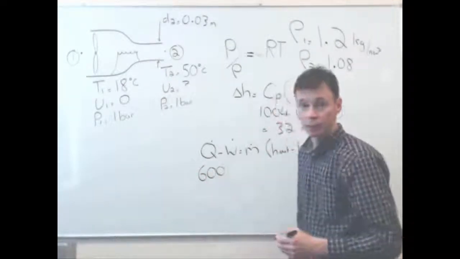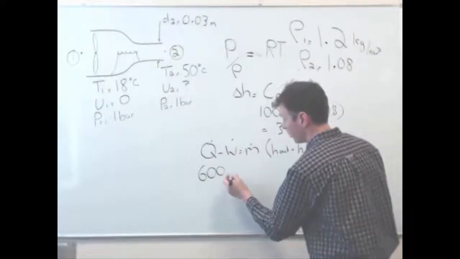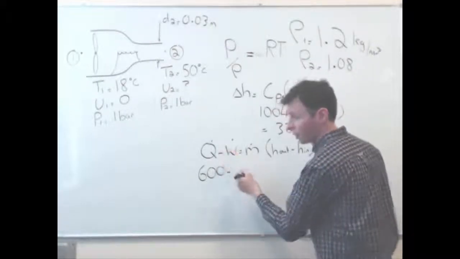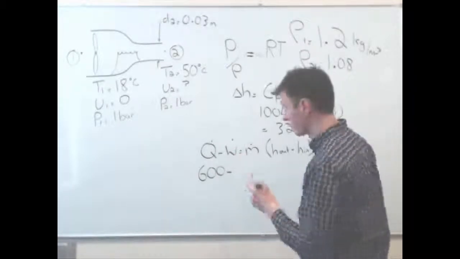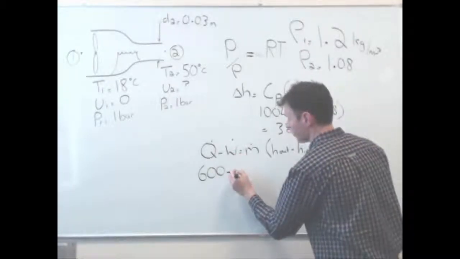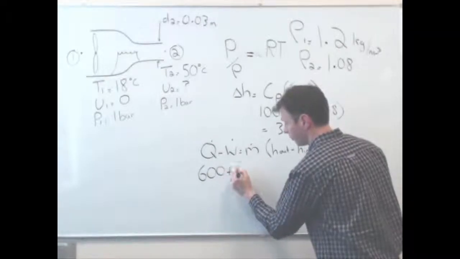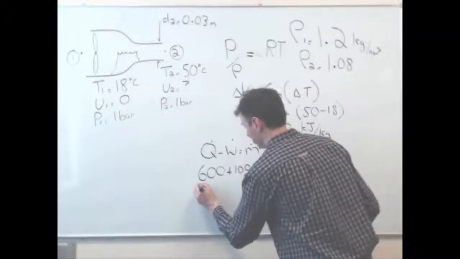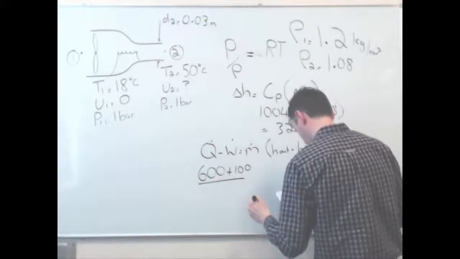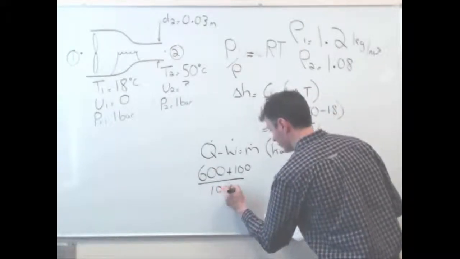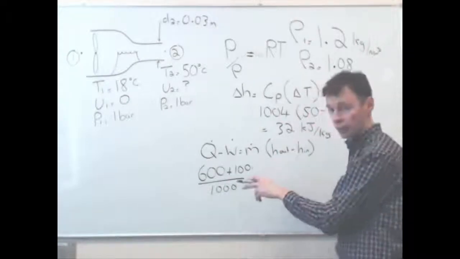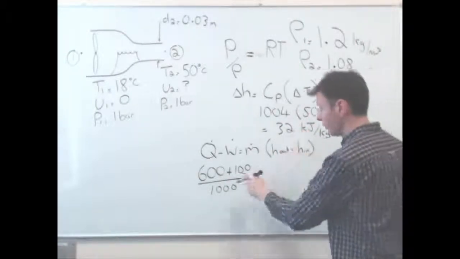So there's our heat, 600 watts, and then minus the work, which will be negative because it's work done on the gas. So minus 100. Bringing the 1000 down from the enthalpy.